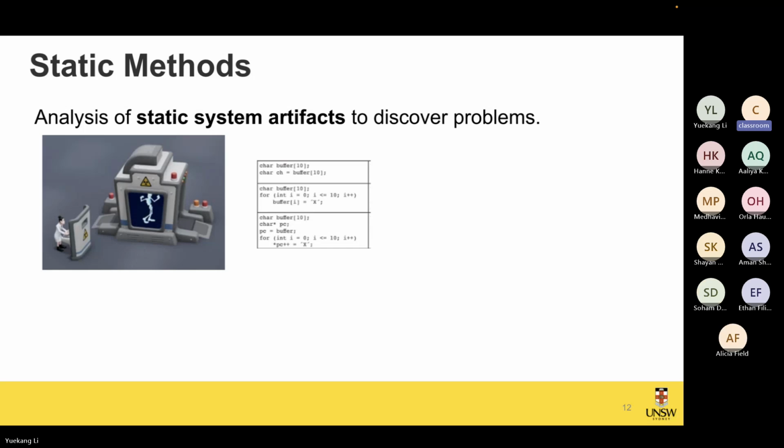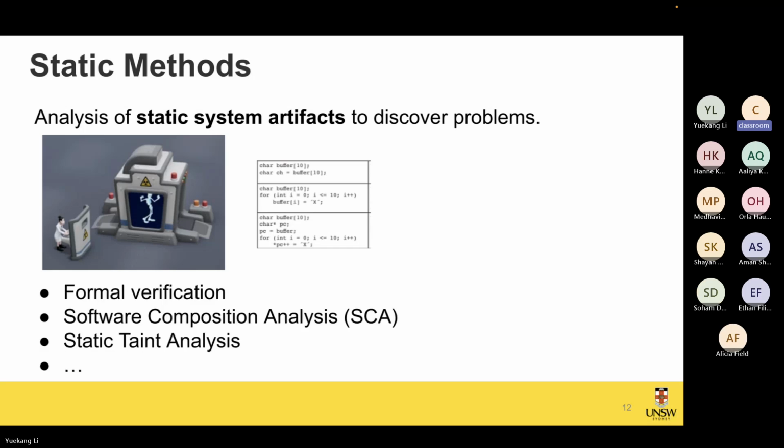So for static analysis, we are often trying to scan the code, and scanning the code may require different techniques. For example, we can do formal verification, which requires the user to write formal proofs to prove that, okay, this piece of code satisfies certain property.